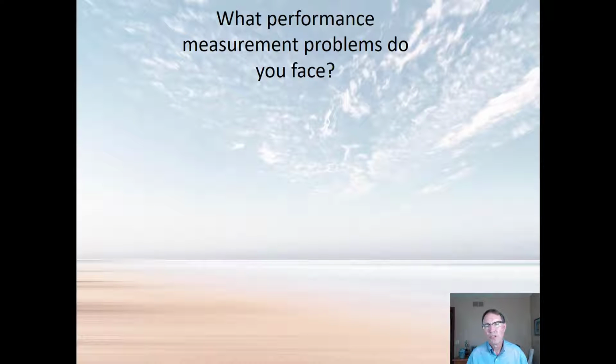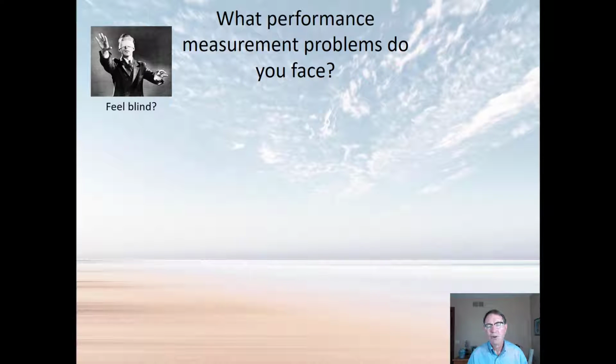As we go through our discussion today about measuring performance in nonprofits, it can be helpful to think about some of the problems that we face in doing that. And hopefully at the end of the presentation, we'll have a better idea of how we can solve some of those problems. A common one is feeling as a board member, and I've certainly felt this myself, that you're kind of flying blind.